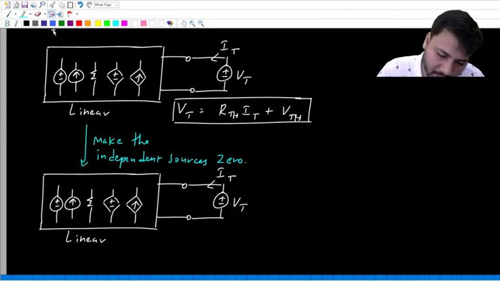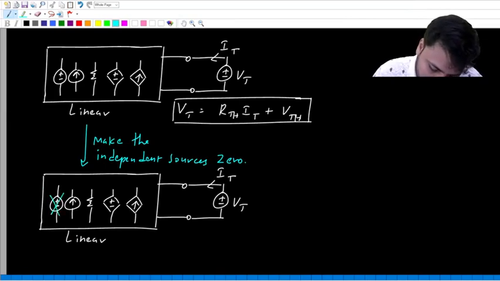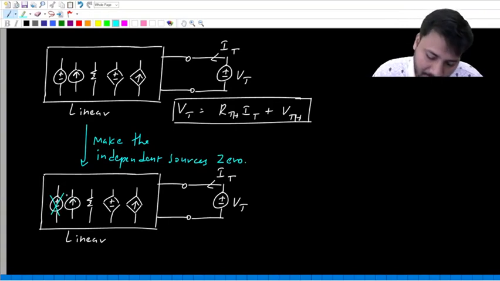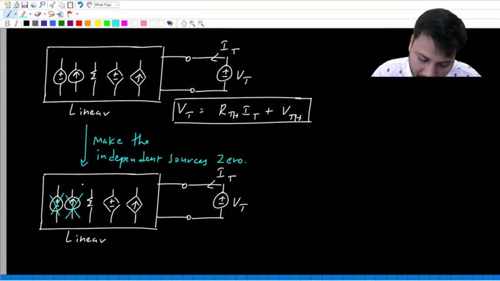Same network. If I make the independent sources 0, that means inside the box, whatever independent voltage sources we have, we make them 0 or short circuit, and whatever current sources we have, we make them 0 or open circuit. Now there are no independent sources within the network.